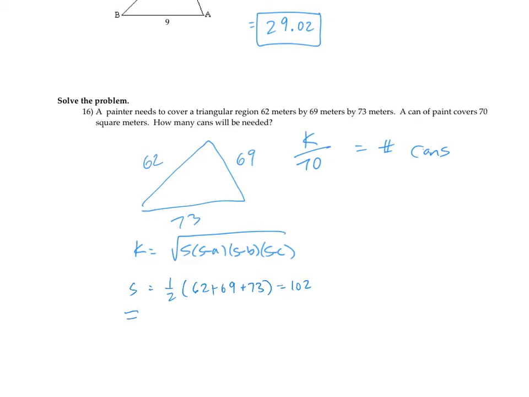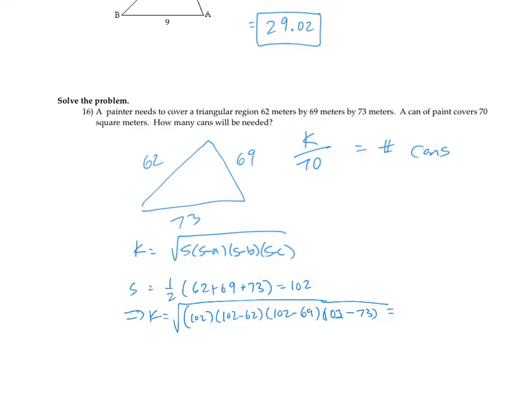Okay, so that means that K would be the square root of 102 times 102 minus 62, 102 minus 69, and 102 minus 73. So 102 minus 62 is 40. Multiply that. 102 minus 69 is 33.